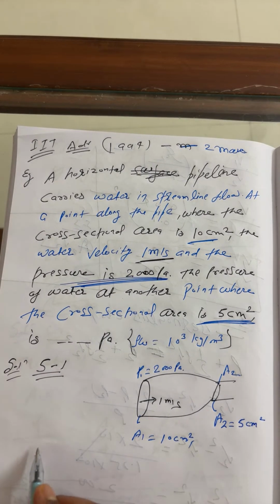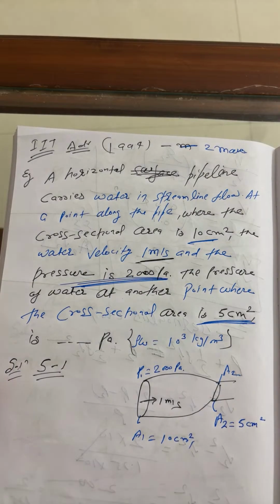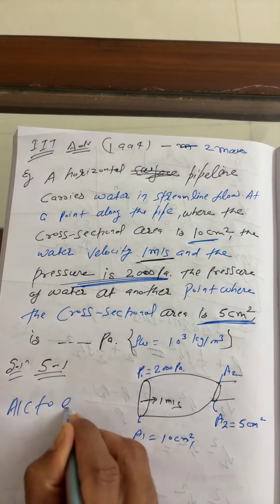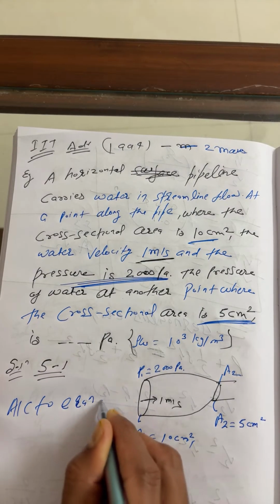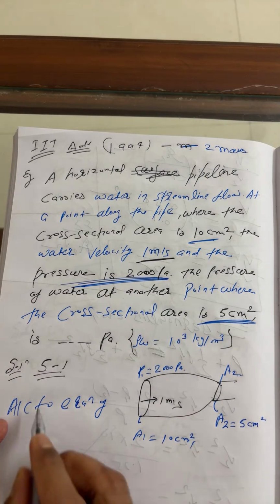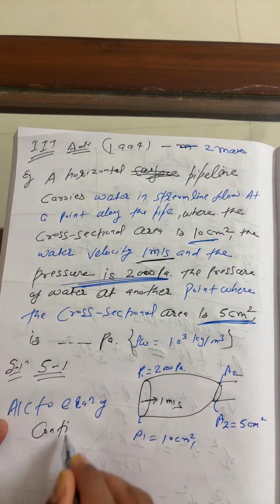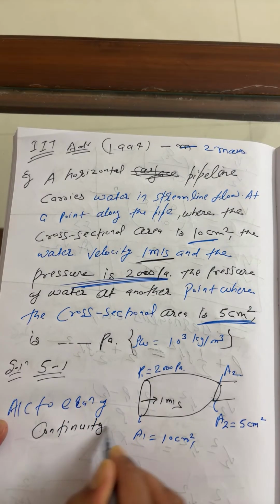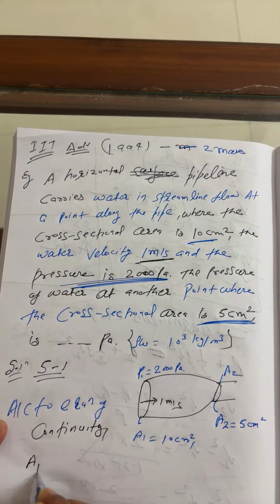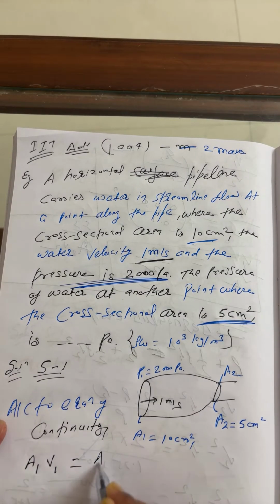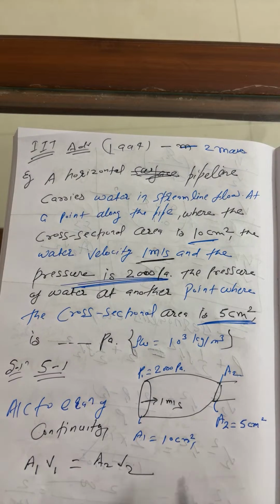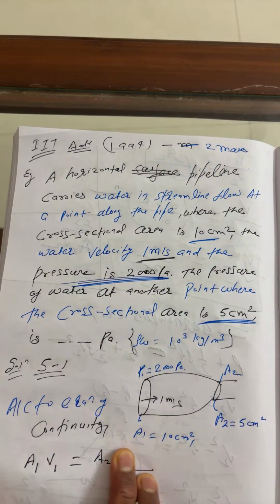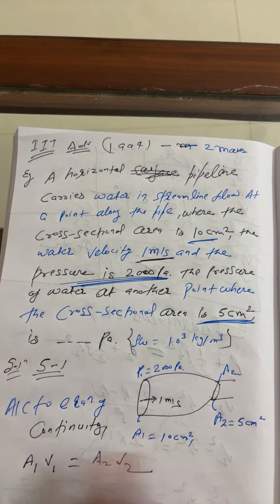Everyone, come to the point here. According to the equation of continuity, which I taught yesterday, A1 V1 equals A2 V2. No need to convert here, because A1 and A2 are both in centimeter square, so they cancel each other.